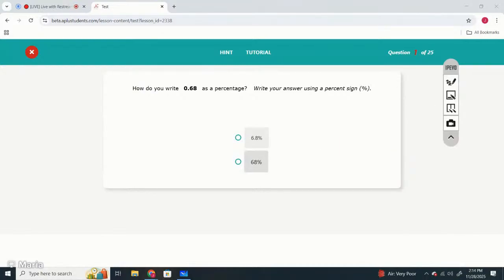That is 68%. Option number 2 is the correct option. How do you write 0.54 as a percentage?